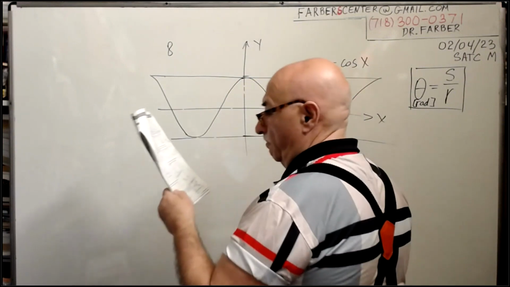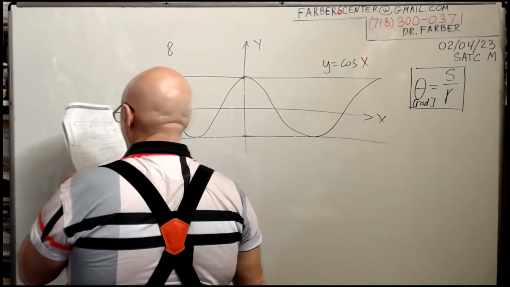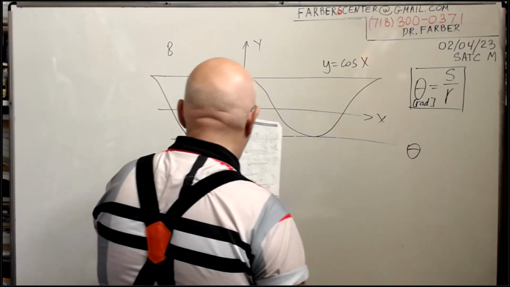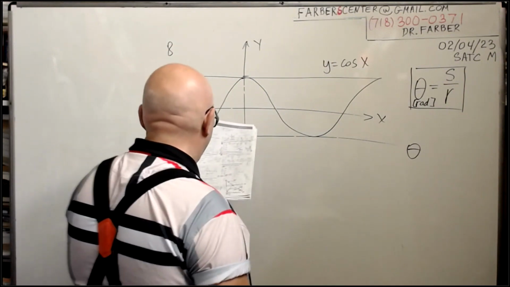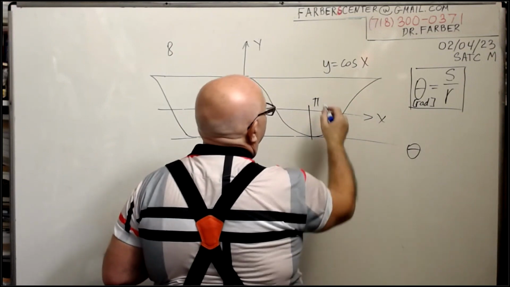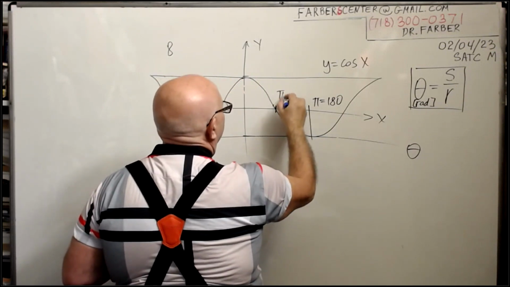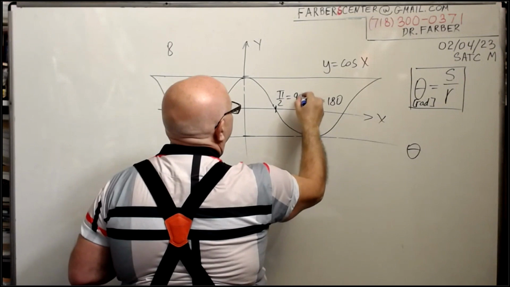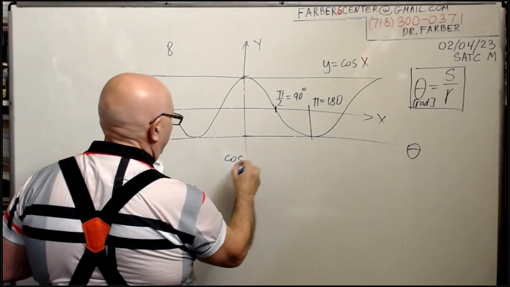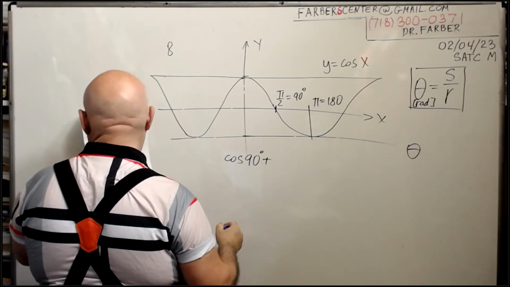What's the question? What's the value of cosine 90 plus cosine 180? So this is f theta. Okay. And if you look at this picture, this is pi. You know what is pi? It is 180 degrees, right? This is pi over 2. What is pi over 2? It is 90 degrees. And the question is, what is cosine of 90 degrees plus cosine 180?